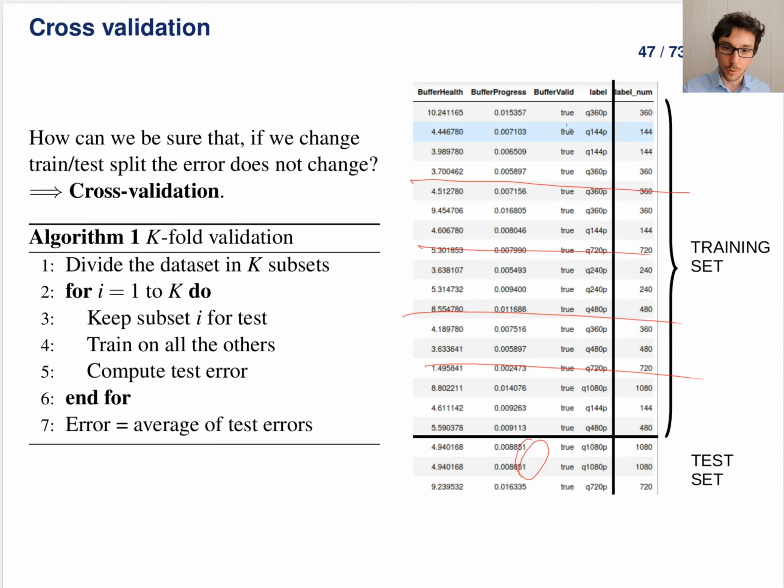Then you say, now the test set is the first one and all the rest is the training set, and you do the same. Then you say, okay, the test set is the second one and all the rest is the training set. And you repeat this until all of the slices have been a test set.